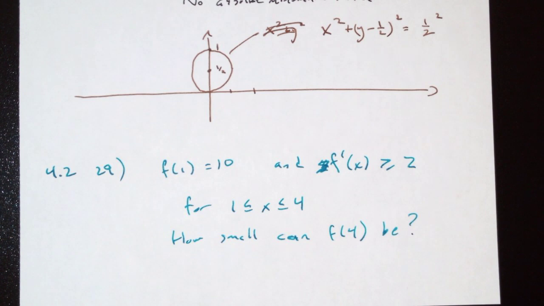This is in 4.2, right? Yeah. So this is my mean value theorem, my Rolle's theorem idea. My first reaction is to at least half-heartedly draw a picture.